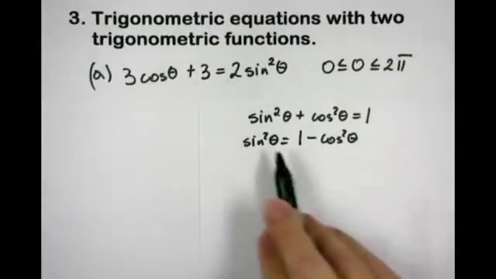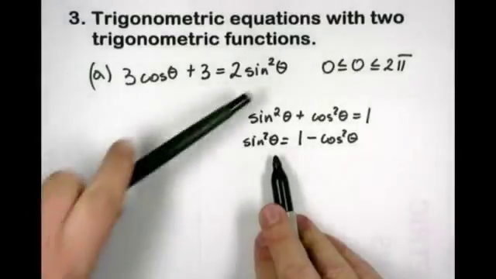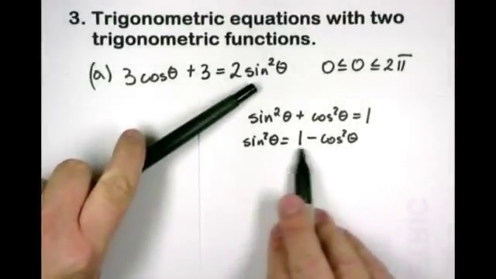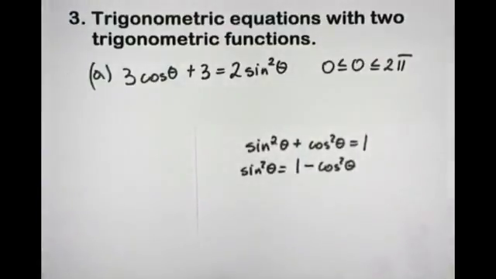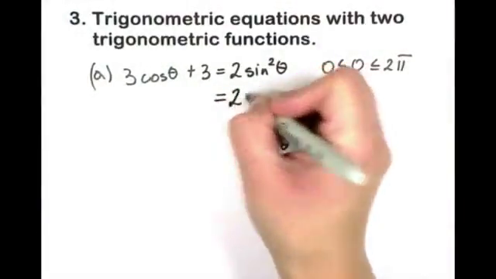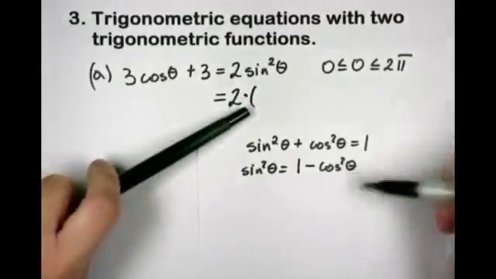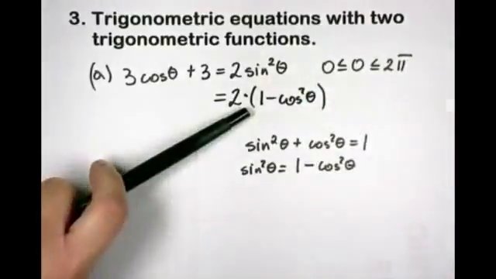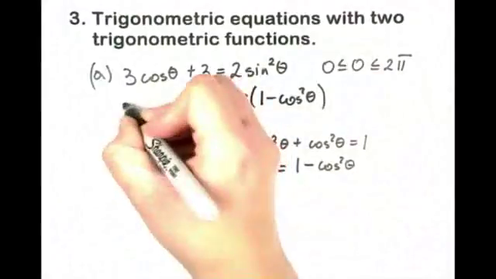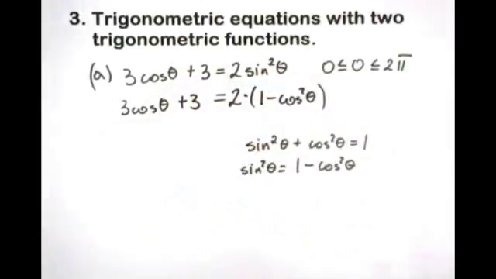So instead of sine square, I can substitute this part, 1 minus cos square theta. So on this side, I will have 2 times 1 minus cos square theta. And the rest I copy, 3 cos theta plus 3.